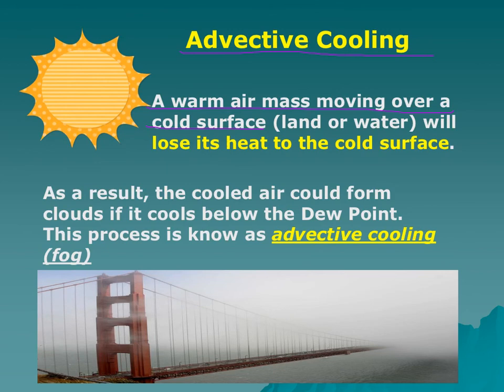Then warm air from the city during the day moves over San Francisco Bay, which might end up being a lot colder, and causes fog on the bridges. This is advective cooling, and we mostly see the formation of fog with advective cooling. After we talk about the cloud types, we'll get into more about fog.